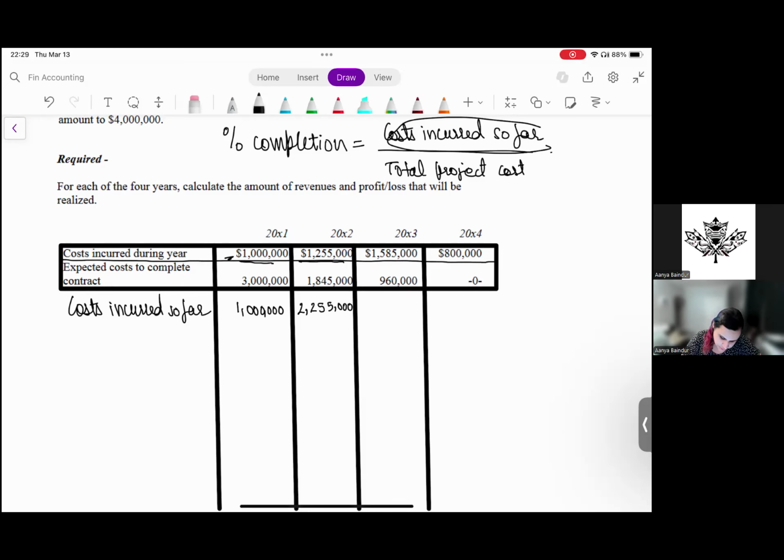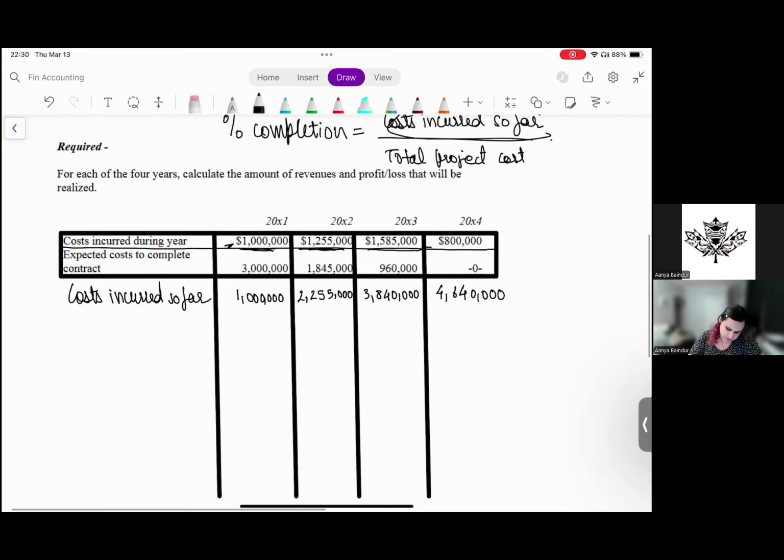Now for the third year, we would have incurred whatever it was for the third year, plus the second year and the first year. Doing that should get you a value of 3,840,123. Next, for the last year, you add up all previous years, and that will give you this value, 4,0,123. All of these values, you're just using the calculator and finding out.